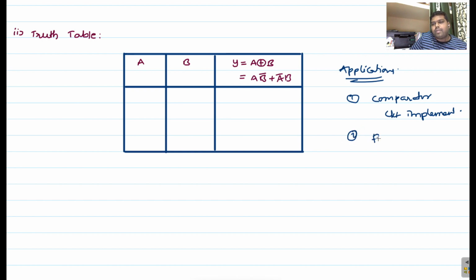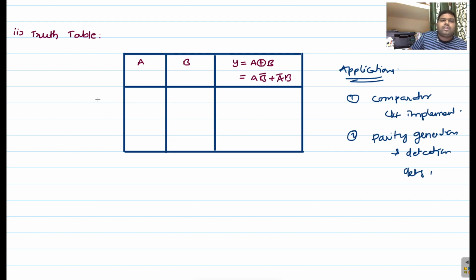And the second one, parity generation and detection circuits. So these XOR gates, XOR or XNOR, both, these two gates are used to implement the parity generation and detection circuits as well as comparator circuit implementation. So these are the applications for these special gates.